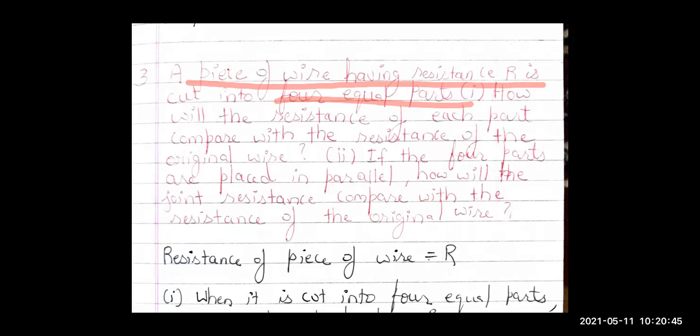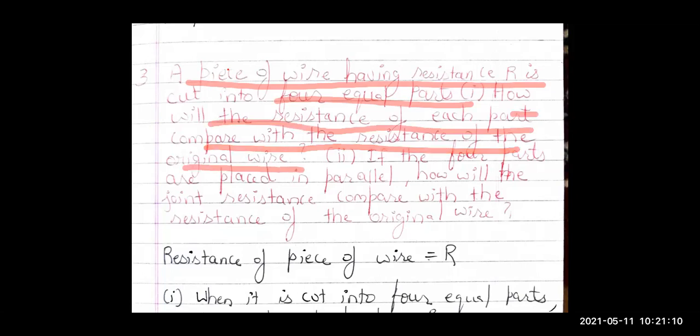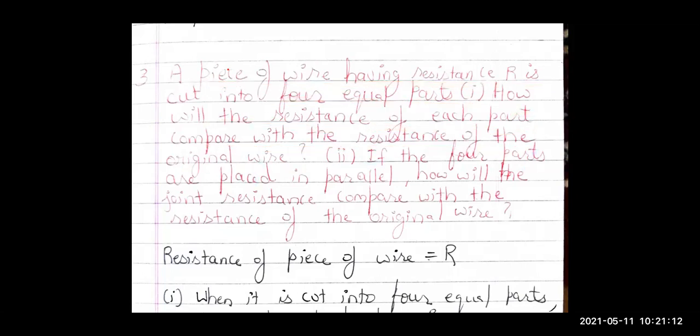And as you have divided the length by 4, your resistance of each piece will also be equal to R by 4. Resistance will also become 4 times less. As you have made the length 4 times less, the value of resistance will also become 4 times less, right? What do you need to do? How will the resistance of each part compare with the resistance of original? So you have to find the resistance of each part.